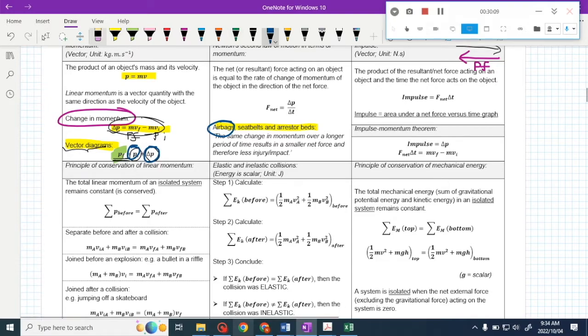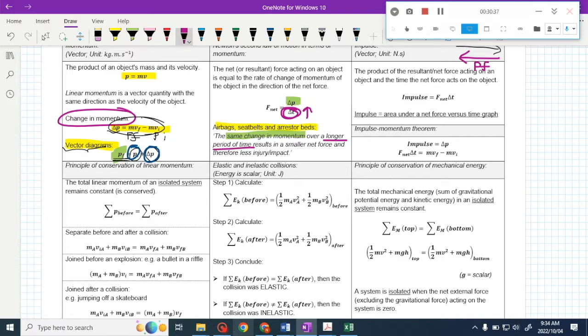So we say the reason why there are airbags is because for the same change in momentum, same number, if you increase the time over a longer period of time, what's going to happen? If the change in momentum is constant, let's say it's a number like 5. First we were dividing 5 by 2,5. Now instead of 2,5, we divide by 10, right?